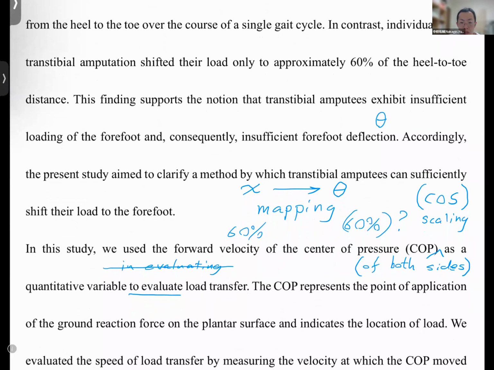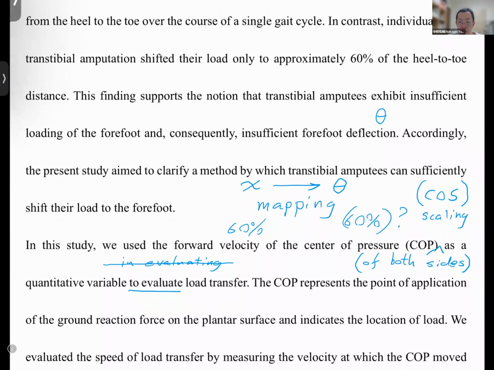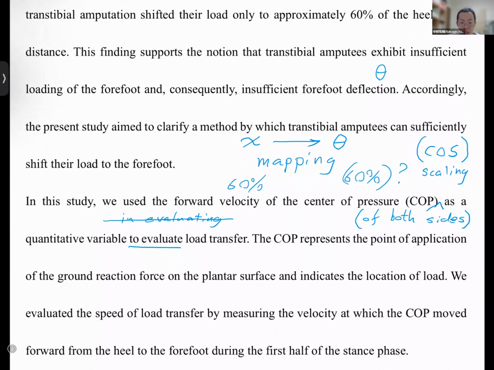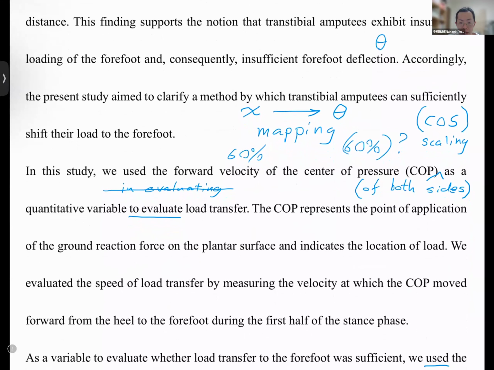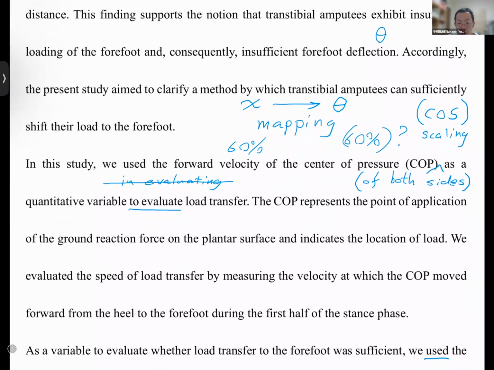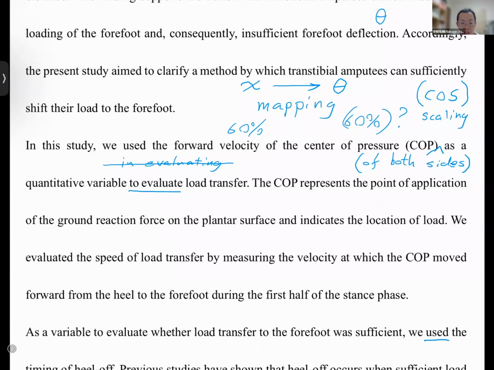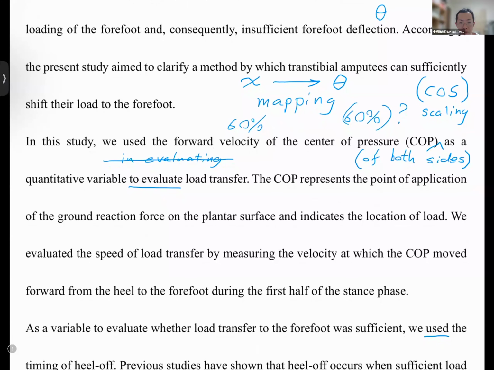This finding supports the notion that trans-tibial amputees exhibit insufficient loading of the forefoot and, consequently, insufficient forefoot deflection. Accordingly, the present study aims to clarify a method by which trans-tibial amputees can sufficiently shift their load to the forefoot.